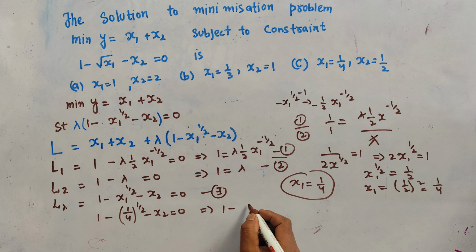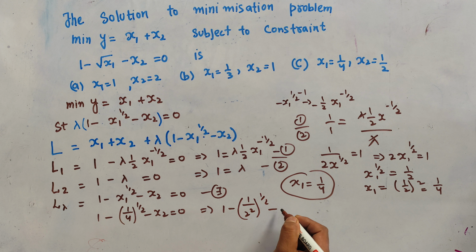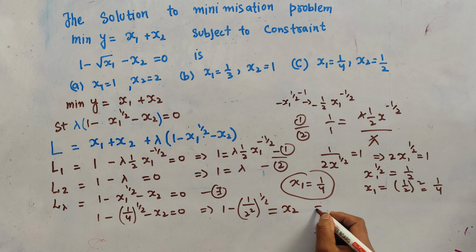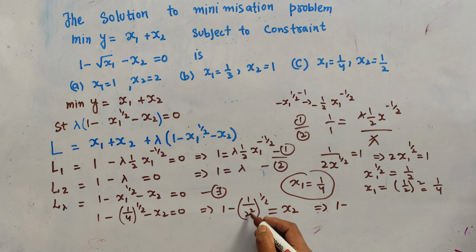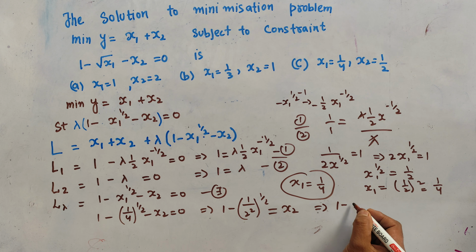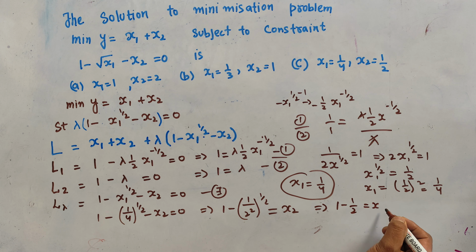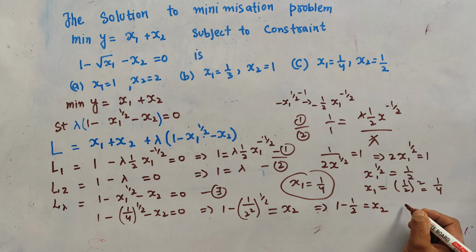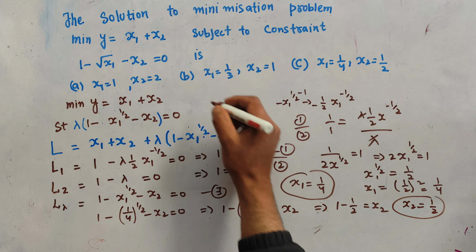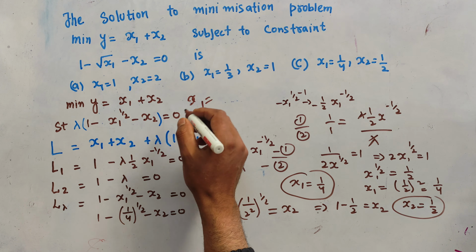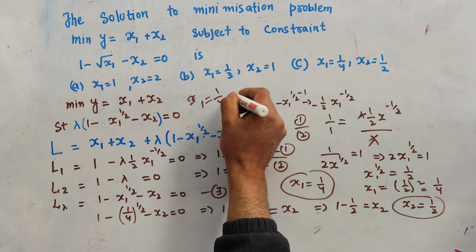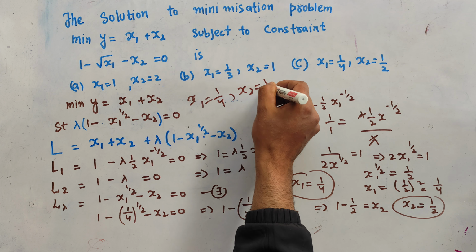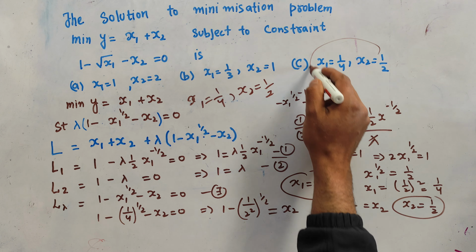This can be written as 1 minus 1 divided by 2 squared raised to the power 1 upon 2 equals x2, which implies 1 minus 1 upon 2 equals x2, so x2 is 1 upon 2. So x1 came out to be 1 upon 4 and x2 is equal to 1 upon 2. That means the correct option should be option C.